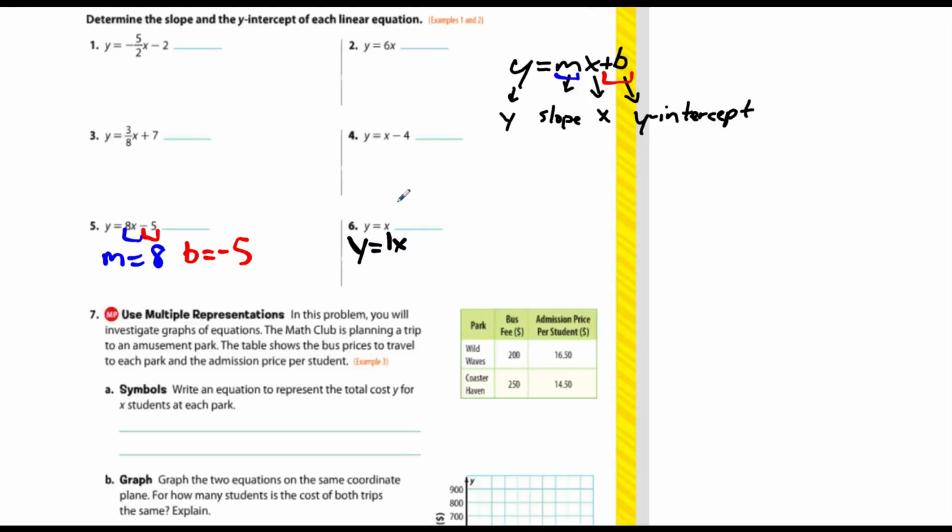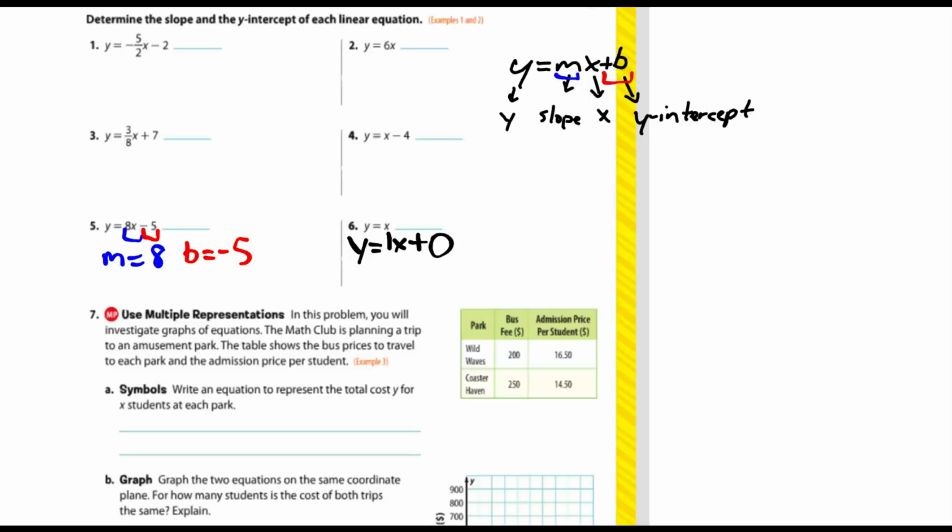And then we need something at the end here. So what can I add to x that also won't change the value? We know we can always add the number 0. So y equals x has the exact same value as y equals 1 times x plus 0. And once you can see it like this, we see our slope and intercept.